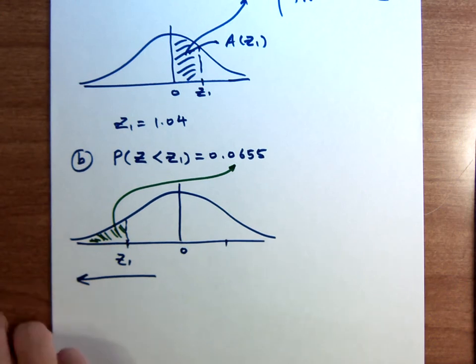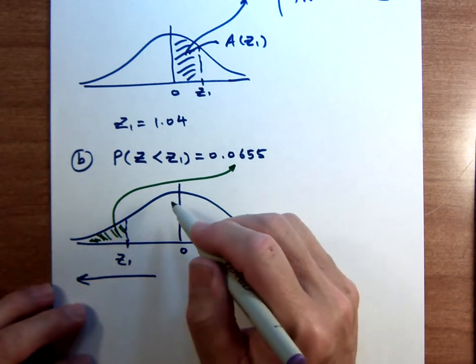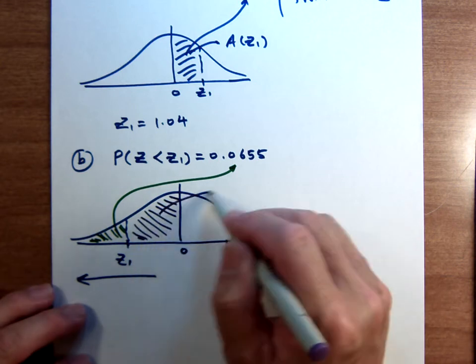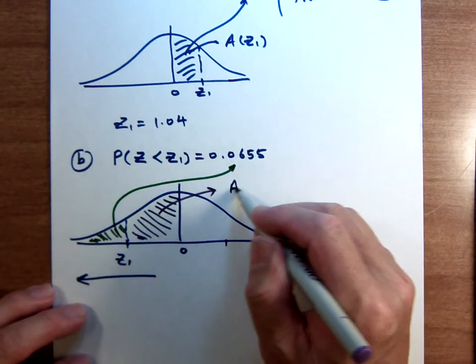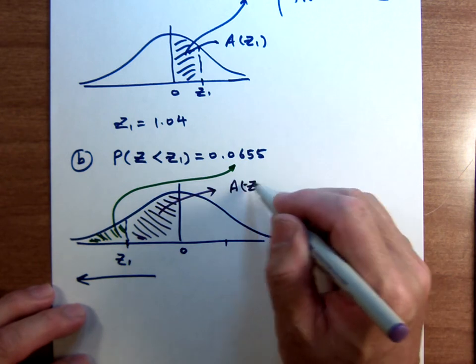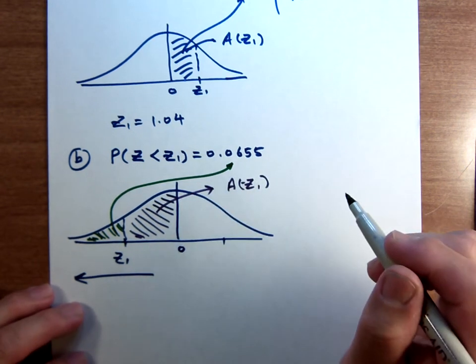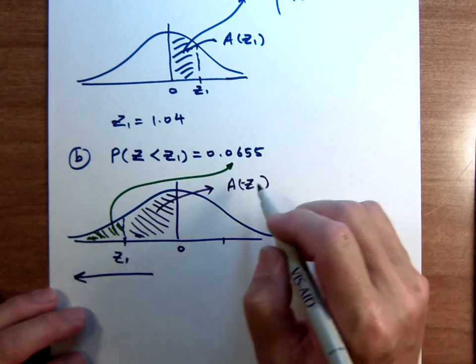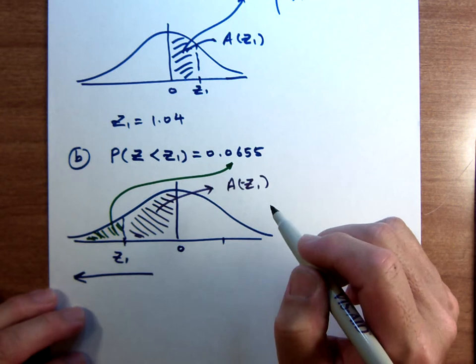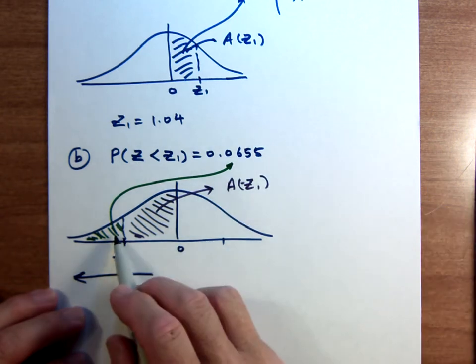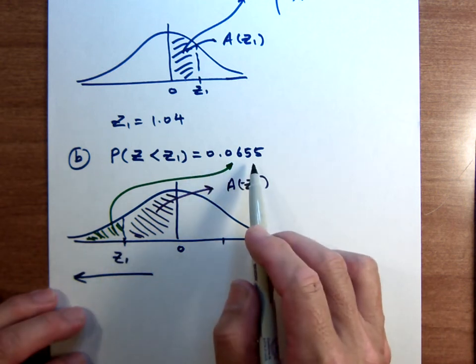Now of course, using our table, this is what I call A of, actually I'm going to be mathematically correct, negative z1. Don't worry too much about that negative sign for now. The green shaded region that's given to us is 0.0655.